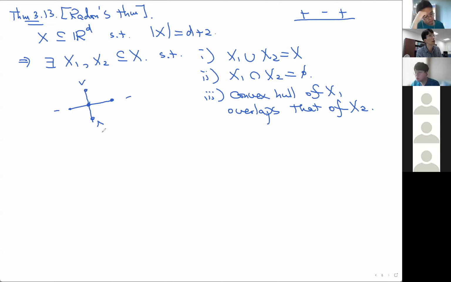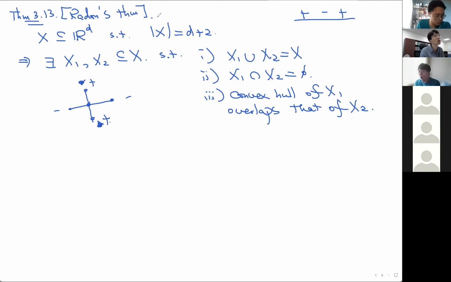If one side is labeled minus and the other side is labeled plus, then we have no way to classify this perfectly using a line. Because whenever we draw a line and put everything plus on one side, it will always include a minus there.